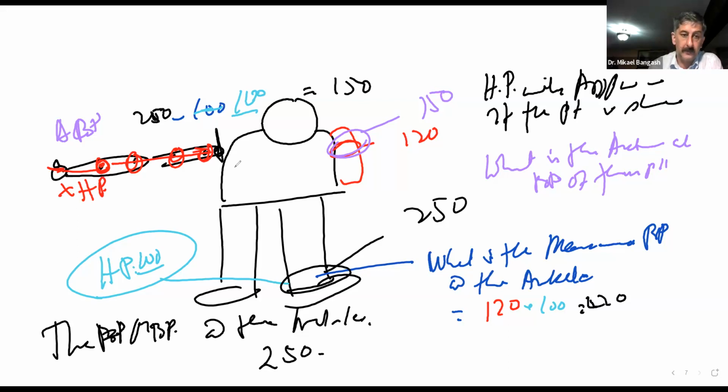In that case, the blood pressure that you have measured at his ankle was also going to be 120 if it was 120 here. Did that make sense? Okay.